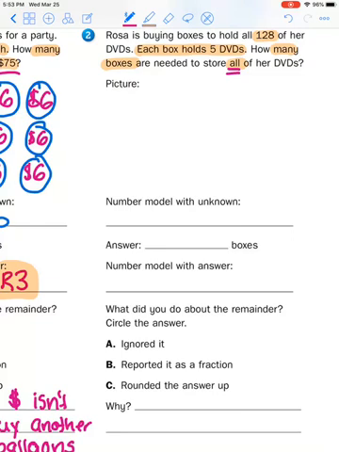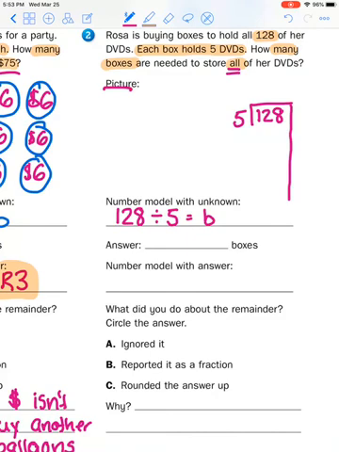So my number model would be 128 divided by 5, which equals B. And I'm going to do my work up here because I don't have a scrap piece of paper to do partial quotient, because that's the method that I like to use to divide. But you could use whatever method you want, and then I'll erase it when I go to draw my picture. So I know to get to 100, I probably have to do 5 times 20.